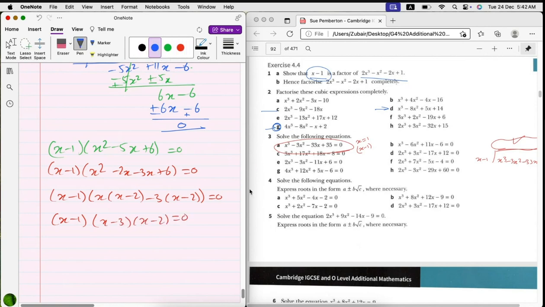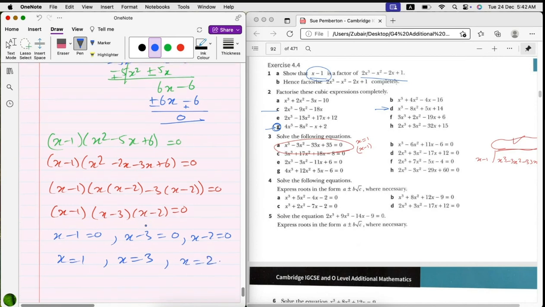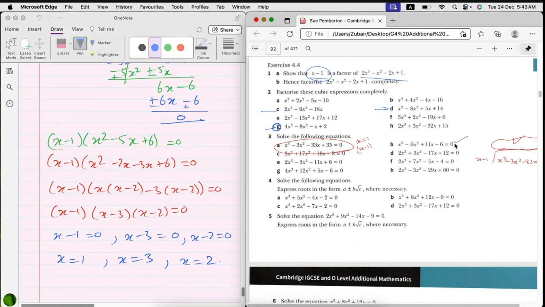Now the only difference in 2 and 3 is this is equal to 0, so we solve for x. x equals 1, x equals 3, and x equals 2. For these values, the polynomial is equal to 0.